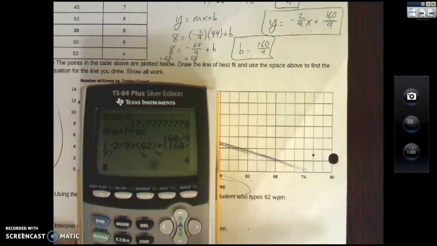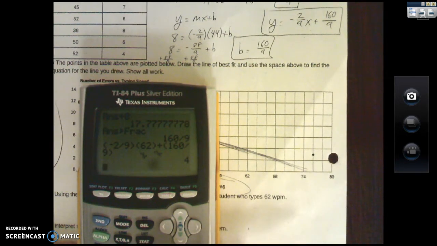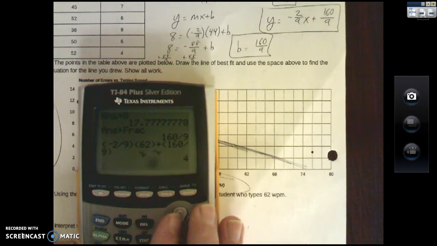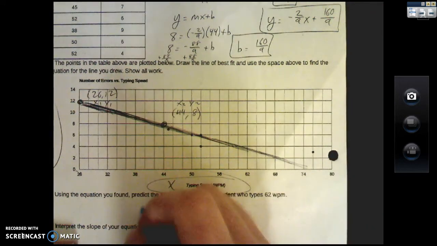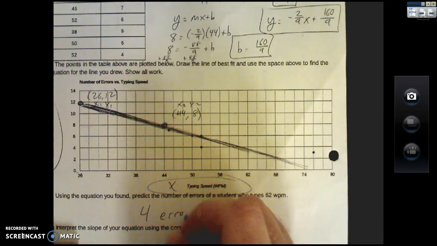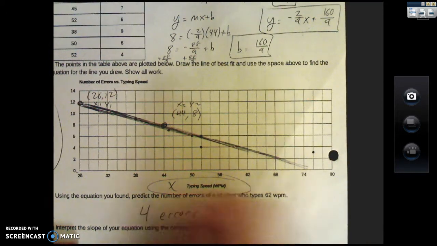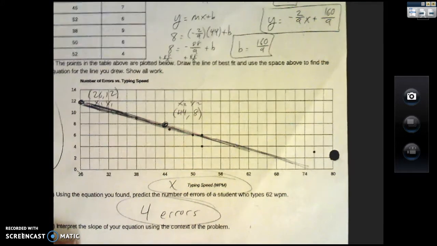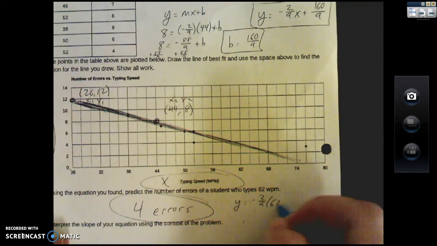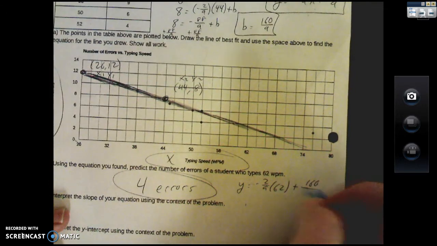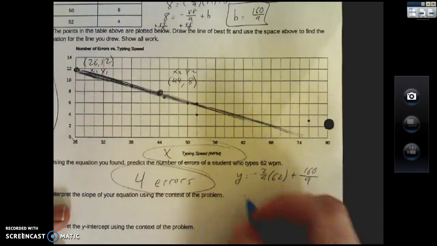That's 4. See how nicely that works out for us. It'd be roughly 4 errors. And we could show all of our work here if we really needed to. y equals negative 2/9 times 62 plus 160 over 9. Boom, plug it in, I get y equals 4.